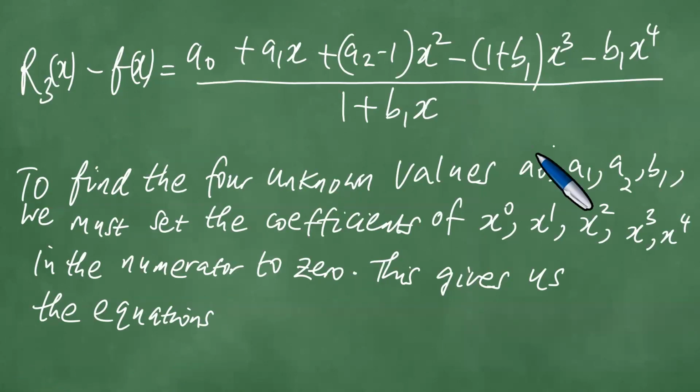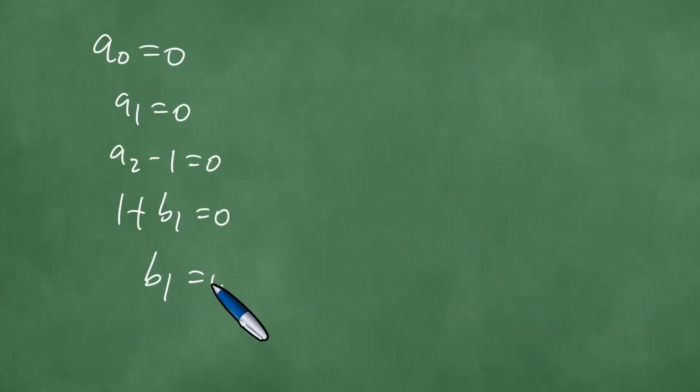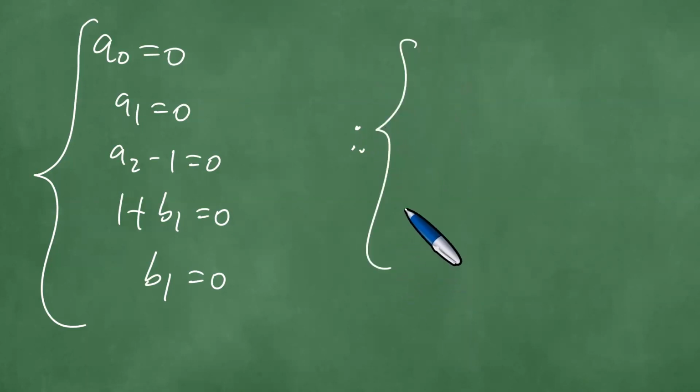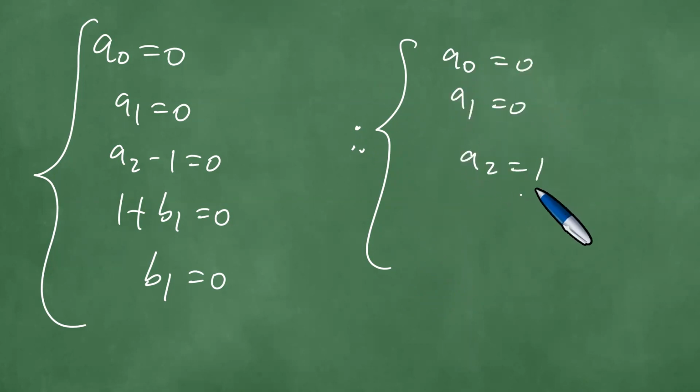It means B1 is minus 1. The conclusion and the observation, therefore, is that A0 is 0, A1 is 0, A2 is 1, B1 is minus 1.